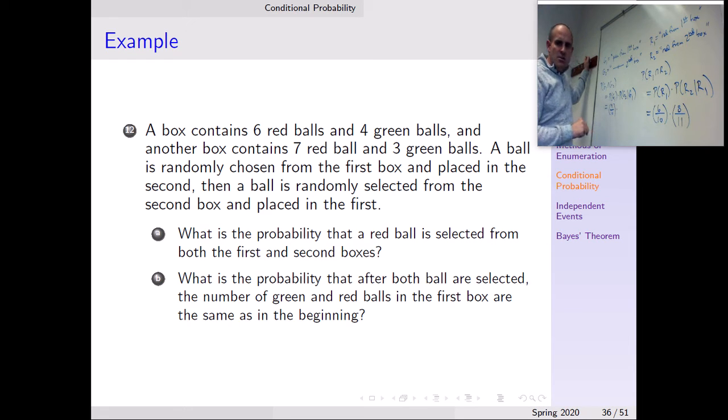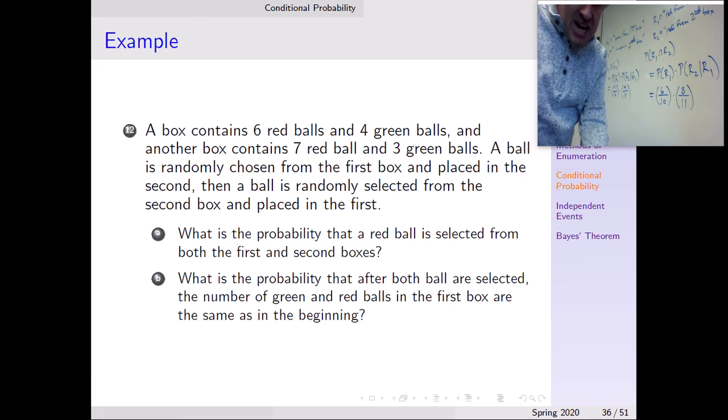Times, okay, the probability that we get a green from the second, given that we got a green from the first. Well, now the number of green balls has increased from 3 to 4 in the second box, and we now have 11 balls. Okay, so it's 4/11. All right?